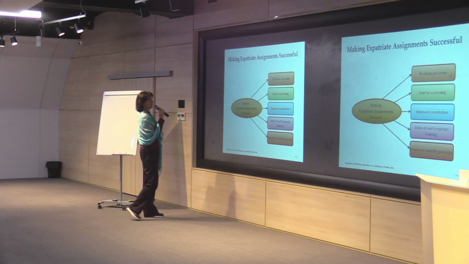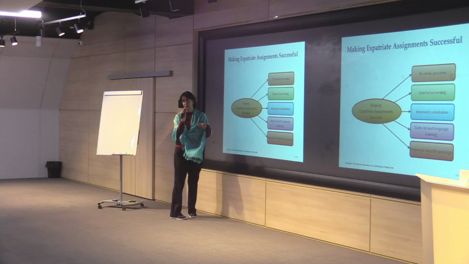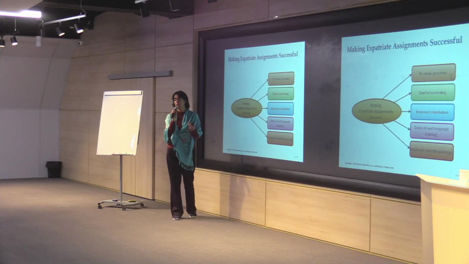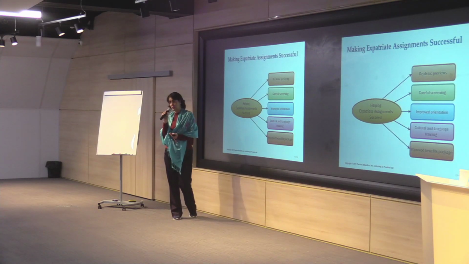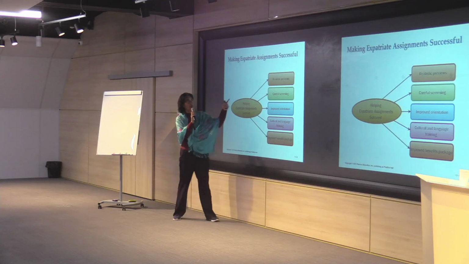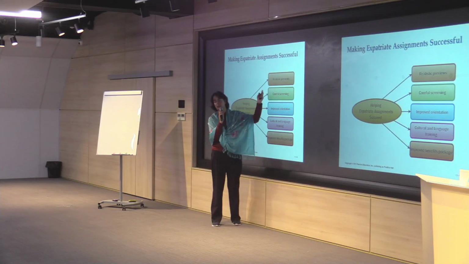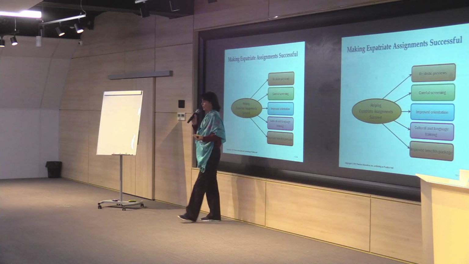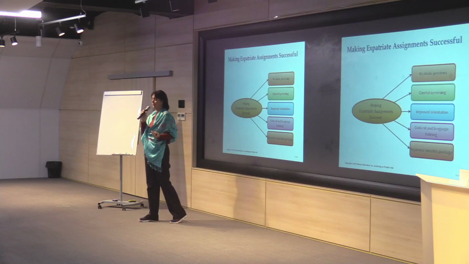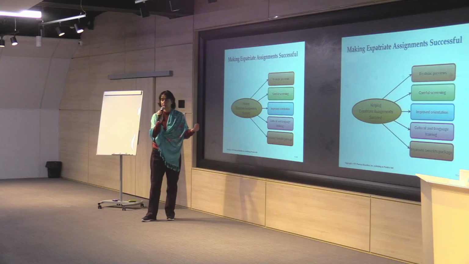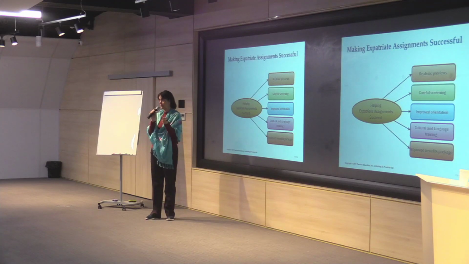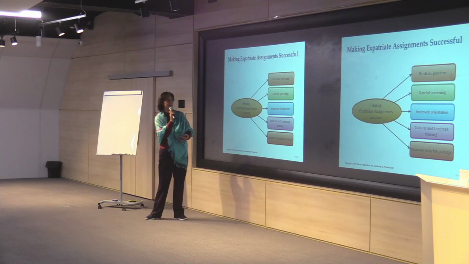Now, what could HR, human resources, do in order to make this transition more successful? Well, again, it's very important to be realistic and, as I said, honest at the beginning, to really present the characteristics of that particular country from political, economic, social, and cultural aspects.